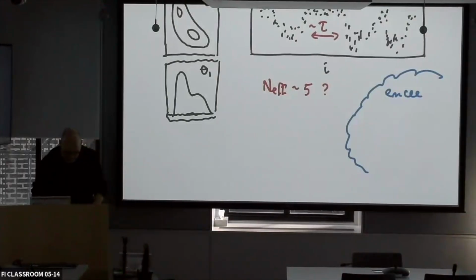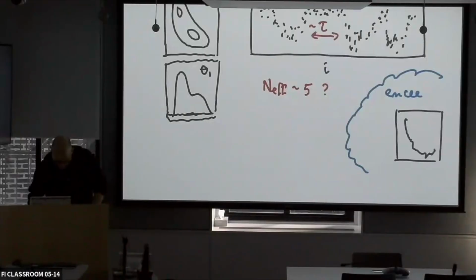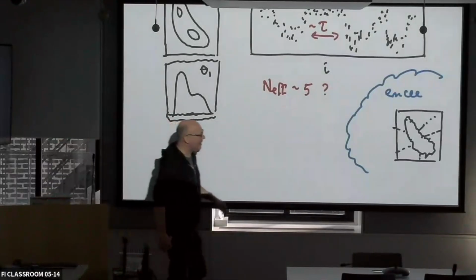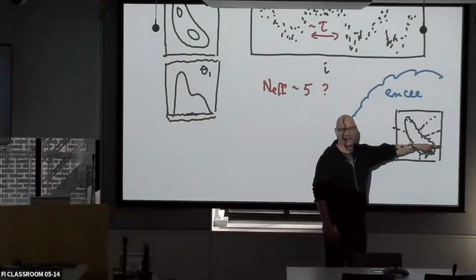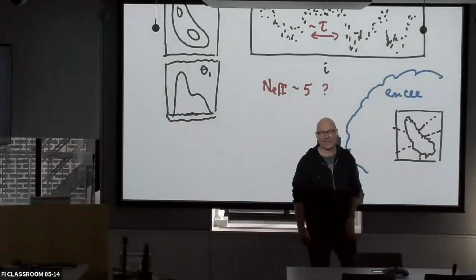And when MC is not converged, the distribution will look like this. It's very common. I see this all the time. It'll be a ratty version of your distribution, but then there'll be a set of walkers there and a set of walkers here, like paths of walkers like this.